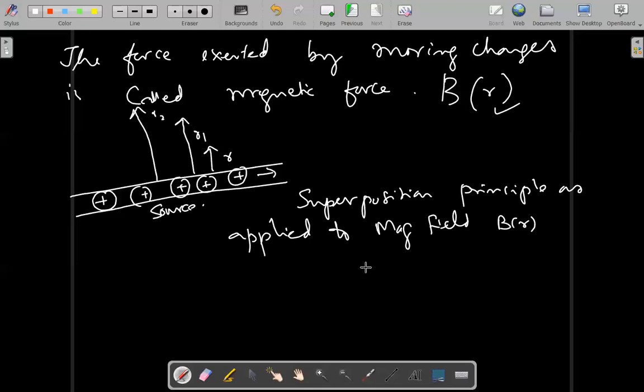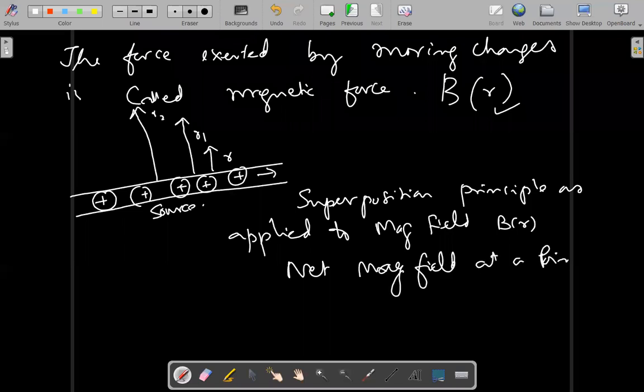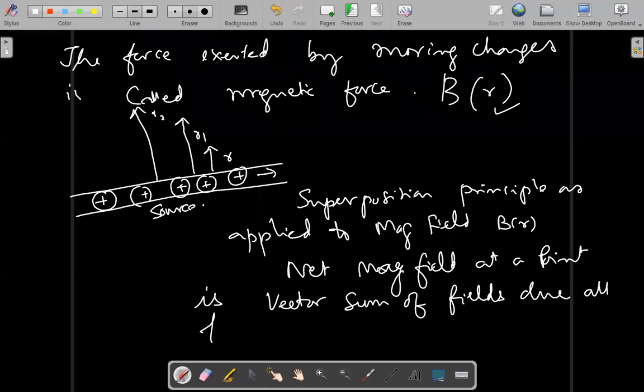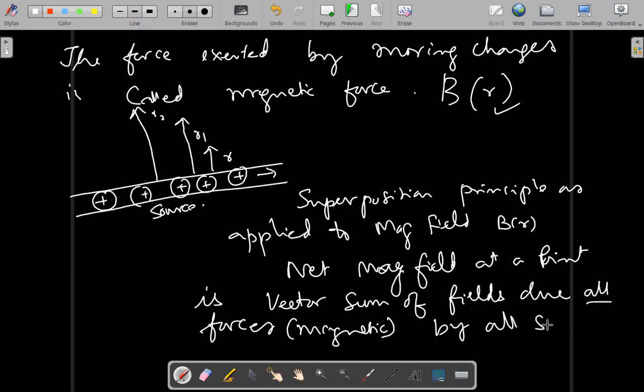So the net magnetic field at a point is the vector sum of fields due to all sources.